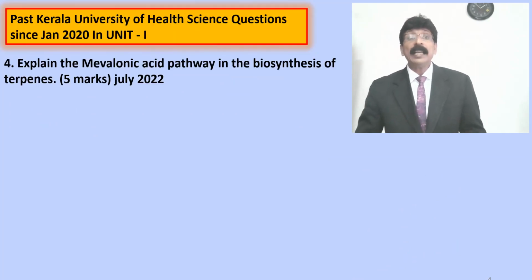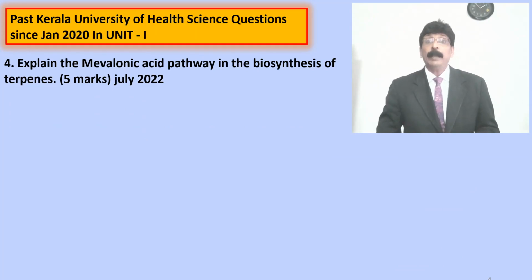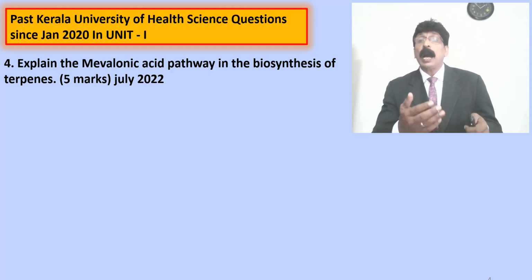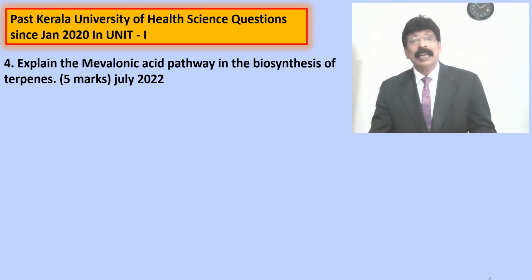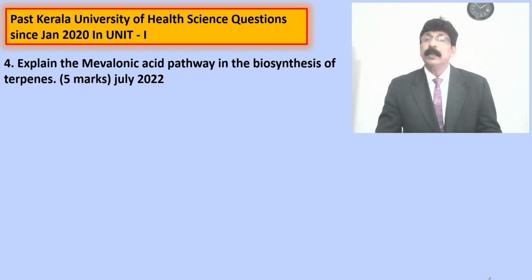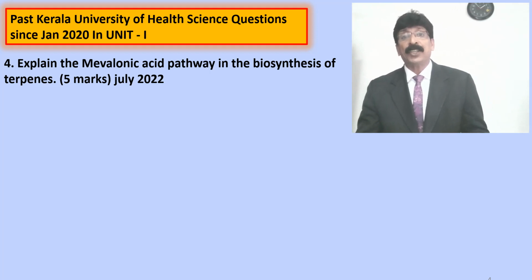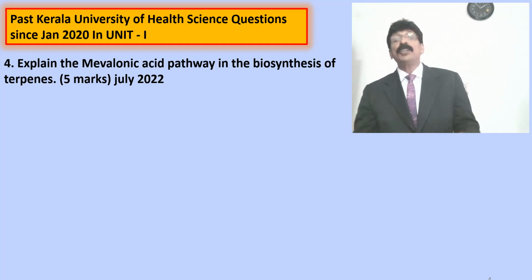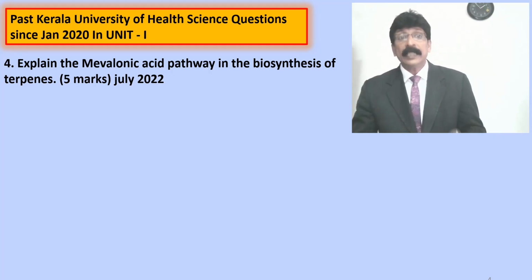And then, explain the mevalonic acid pathway in the biosynthesis of terpenes. It's also from acetyl-CoA, which comes to the mevalonic acid intermediate product, which gives rise to the terpenes, monoterpenes, diterpenes, and the isoprenoid units, and even vitamin A comes under this pathway.